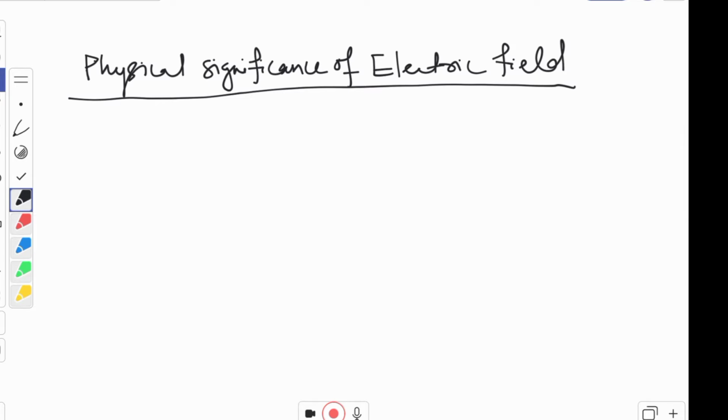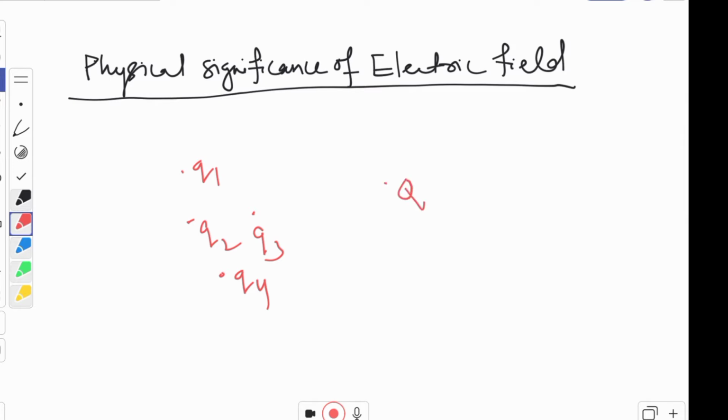Till now, what have we studied about the electric force? When there is a system of charges, some charge distribution like this, suppose here Q1, Q2, Q3, Q4 is the system of charges given over here, and another charge Q is over here.